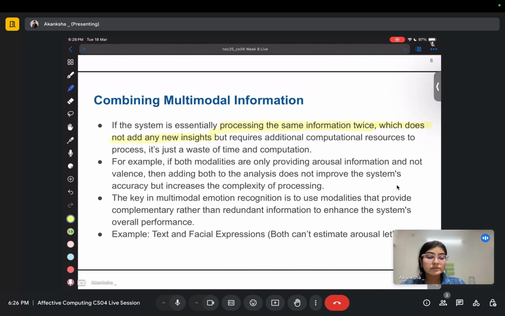But of course we need to process both the modalities, so we need additional computational resources, and it's just a waste of time and computational resources.